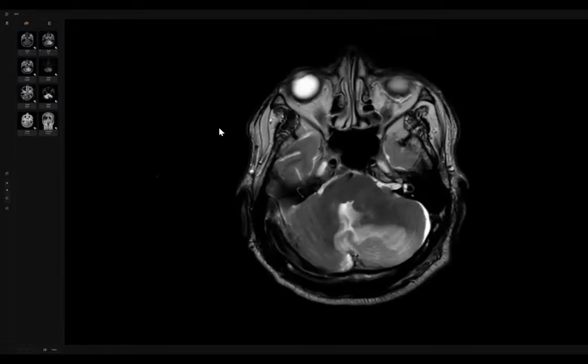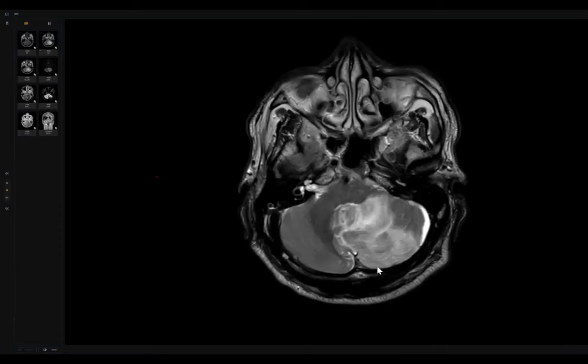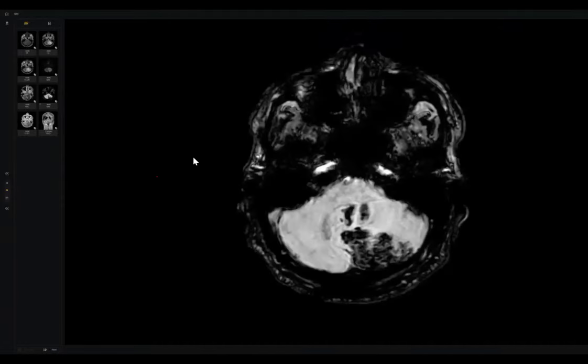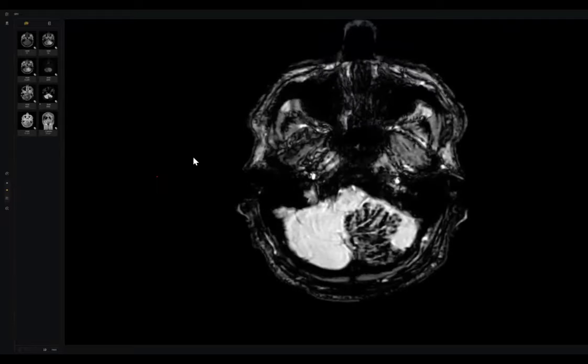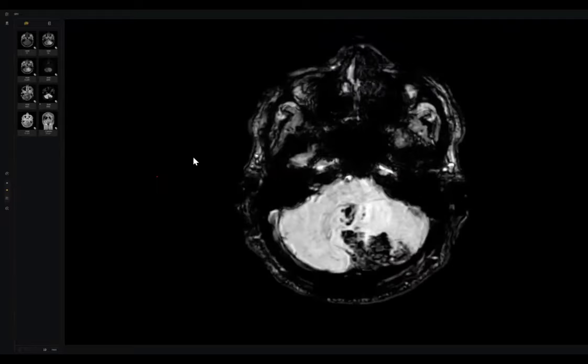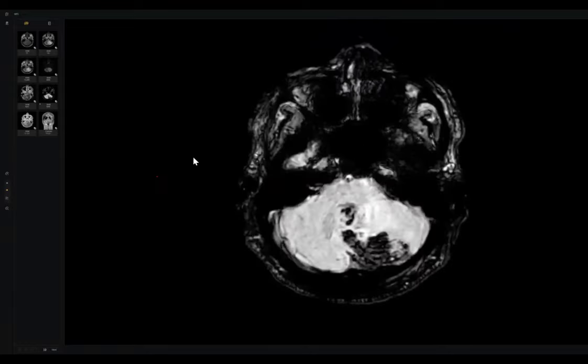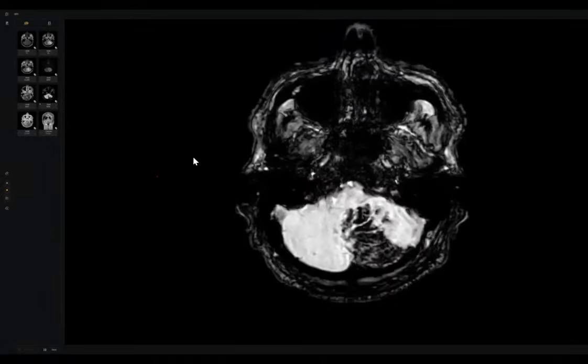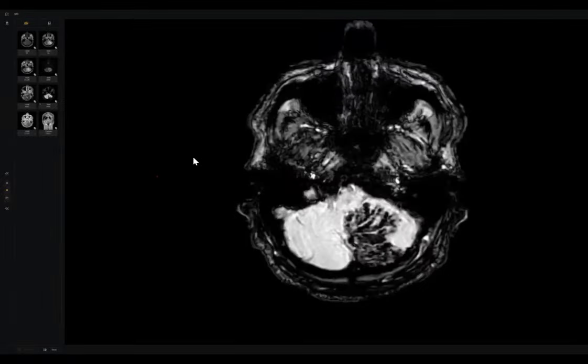You didn't get much information from T1, get it from T2. Look here. There are cortical, foliar and subfoliar affection. It looks wedge shaped. Please give me the diffusion. The diffusion is restricted. And if she asks for SWI, she will find all of this hemorrhage or hemosiderin. So it was an infarction of the territory of the PCA.